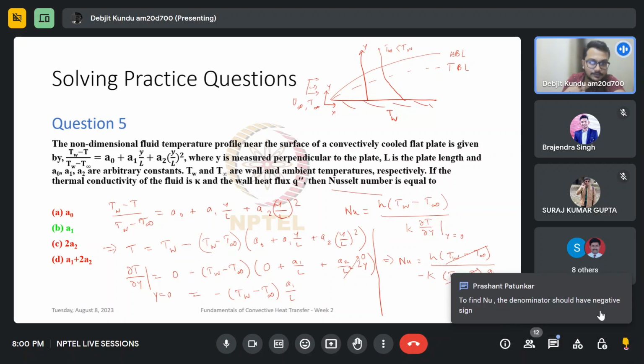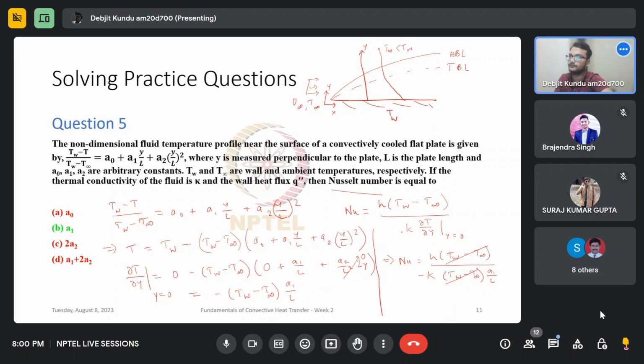I don't see any mistake over here. The denominator should have a negative sign. Okay, that I can take care of. So this is negative, this way this negative doesn't show up.